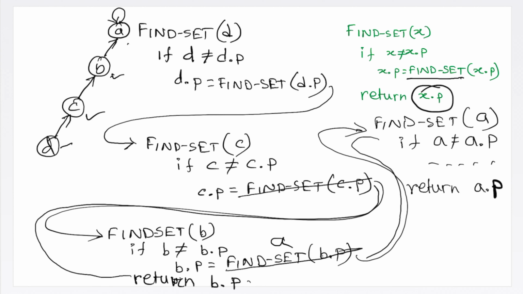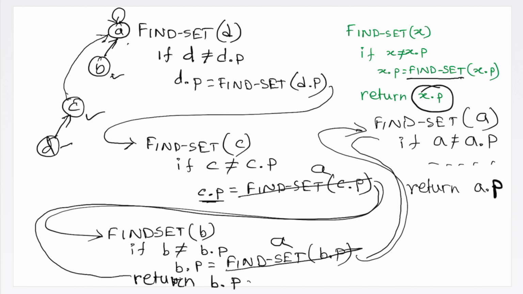As a result, this becomes a. Notice that we said c dot p is equal to a. Meaning that from c dot p, currently we have b, but now we are saying that c dot p should be a, which is this one. That means we are eliminating this link, and c is directly pointing to a.